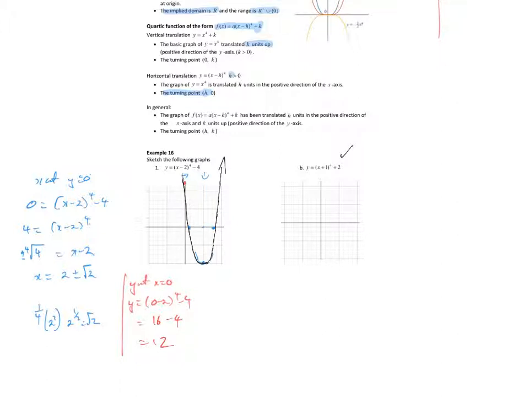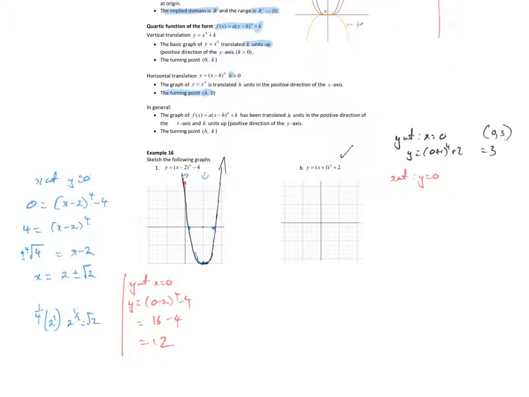B is very similar. For the y-intercept, let's put x equal to 0, and we'll get y is equal to (0 plus 1) to the 4 plus 2, which is just equal to 3. For the x-intercept, put y equal to 0.